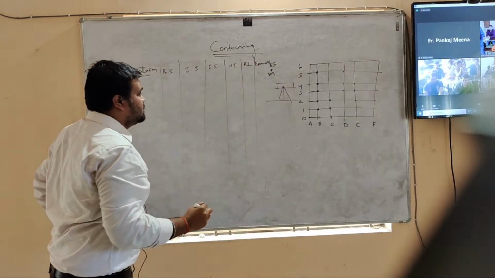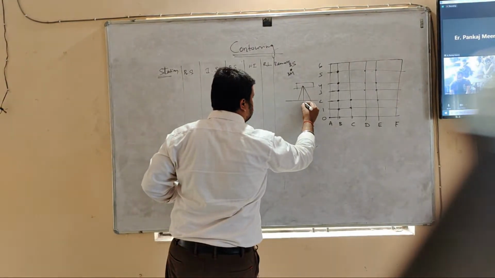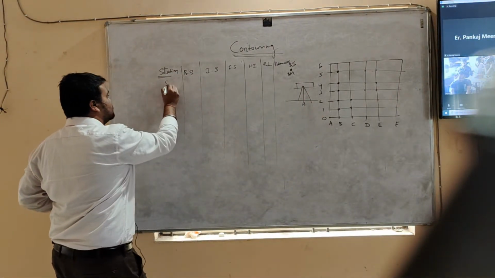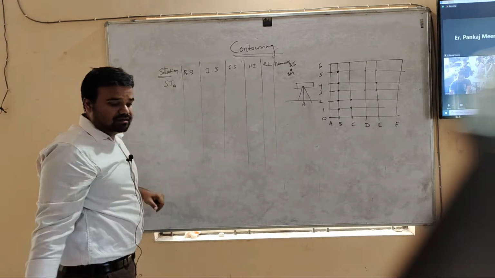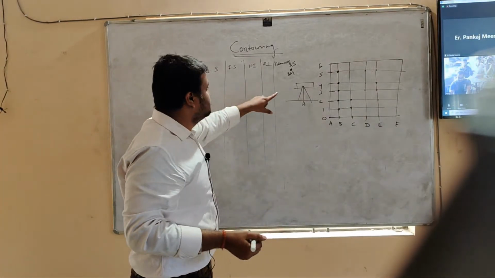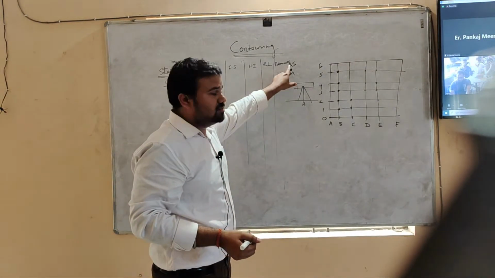So this is your station A, suppose, and you can consider the backsight at this point.